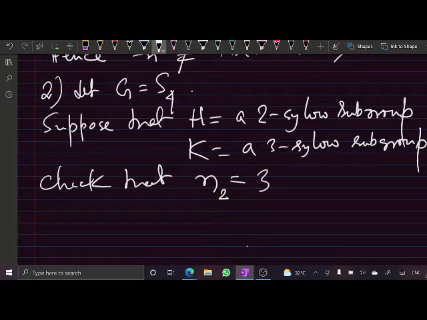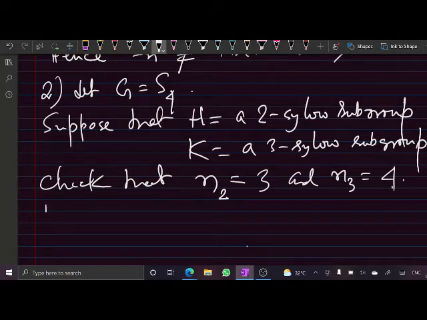And in a similar way you can compute n3, which is 3k plus 1, and it will divide 2 cube, so therefore it is 4, right?